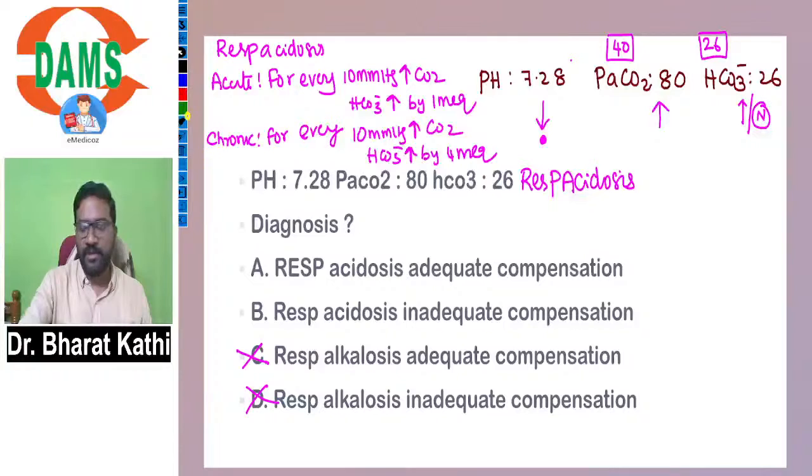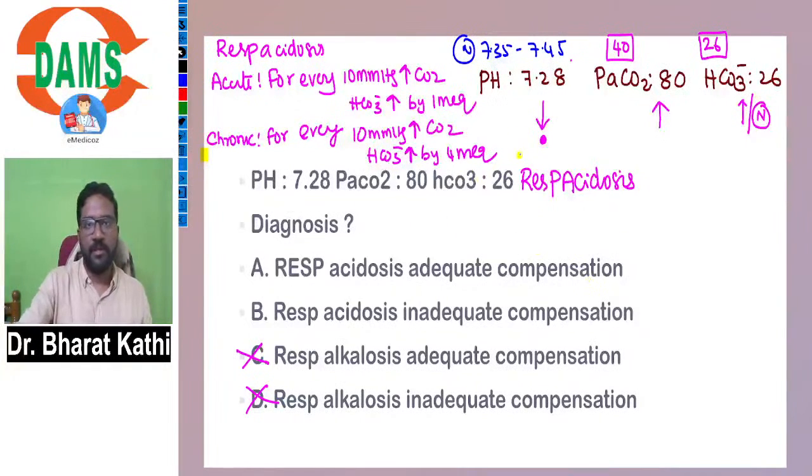Usually in chronic, the pH fall will not be that great. If you consider normal as 7.35 to 7.45, only a slight fall of pH will be seen, whereas in acute there will be a more significant fall, because your body doesn't know how to fight.